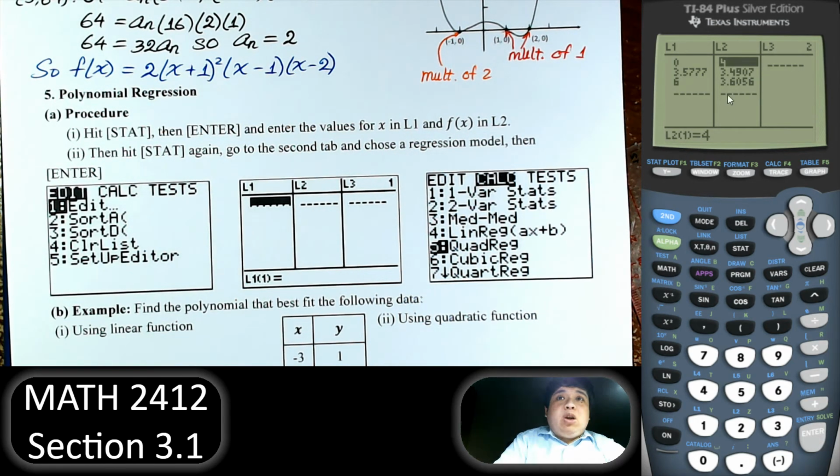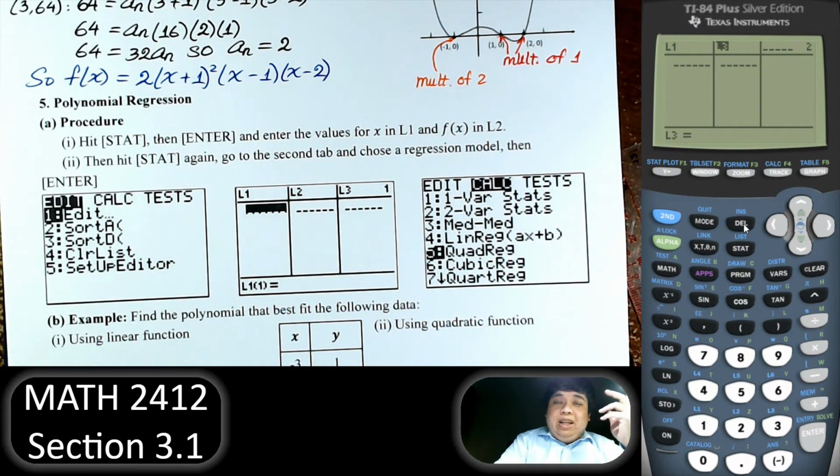Usually if there are some numbers in there, just clear by highlighting the list, hit clear, don't hit delete. Just hit clear and enter. If you accidentally hit delete, it will delete the list completely.